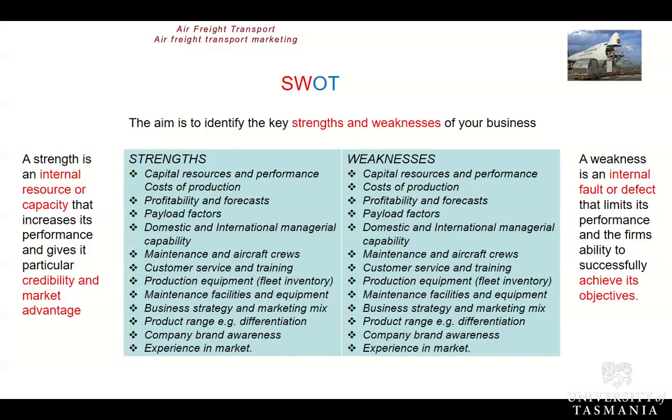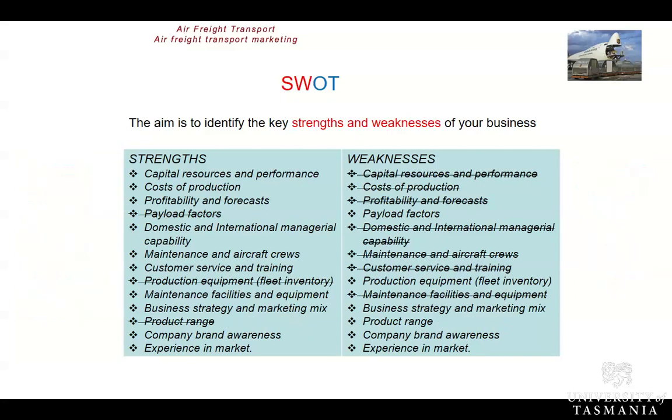So, in the same way that we address the external environment, we're also going to address the internal environment, and we're going to list all of those characteristics under strengths and weaknesses. And then we're going to go through each of those characteristics, and we're going to filter out those characteristics that you don't believe should be in strengths.